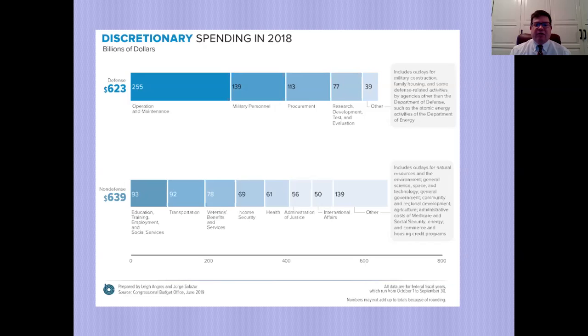And then you see the various types of categories that we have here: education, transportation, veterans, health, some other health programs, and various other things. So essentially, all of the spending outside of entitlement programs, which constitute Social Security and healthcare, and outside of defense, accounts for about $639 billion.